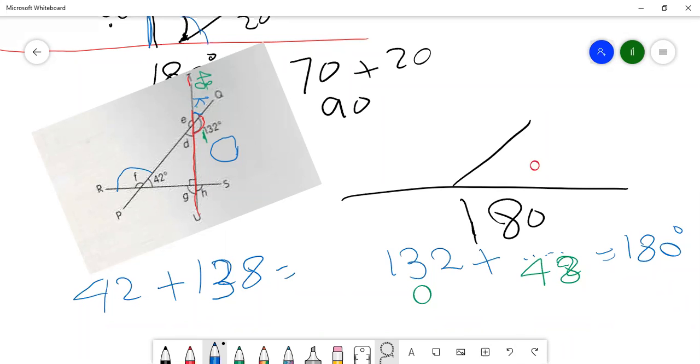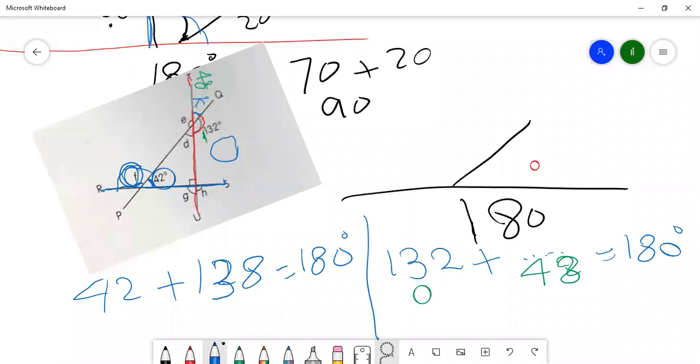Okay, where is F? This is F. Where is the straight line that F lies on? This one, right? We have this angle and this angle. This is 42. Then we have to find the value of F that makes 180.